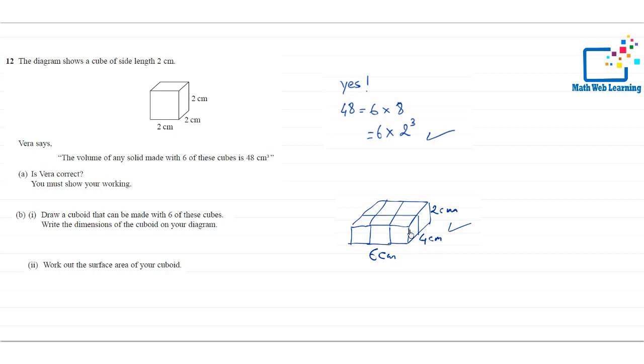Right, let's do the front of the cuboid, the area of the front. That's 6 by 2, which is 12. And let's do the side, which is 4 by 2, which is 8. And let's do the top, which is 6 by 4, which is 24.